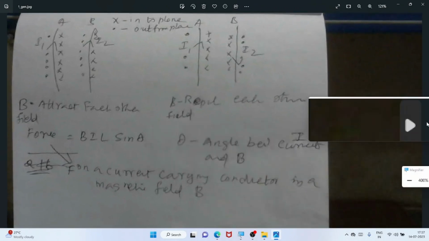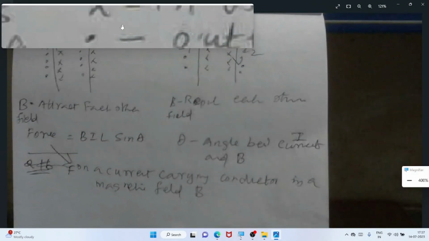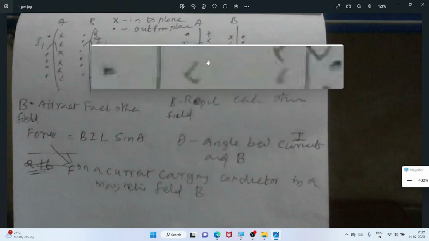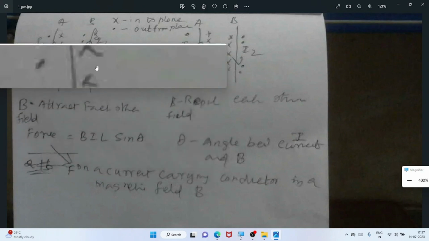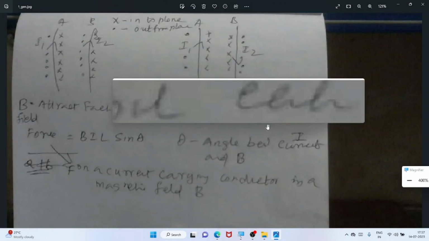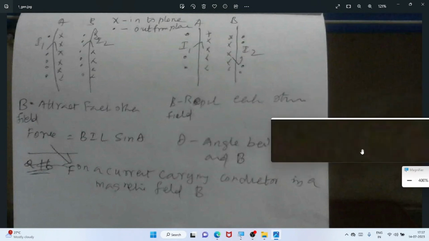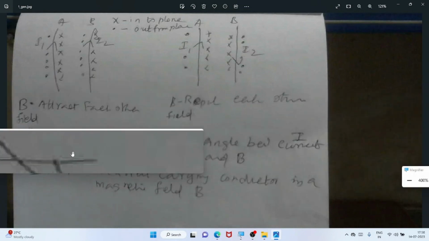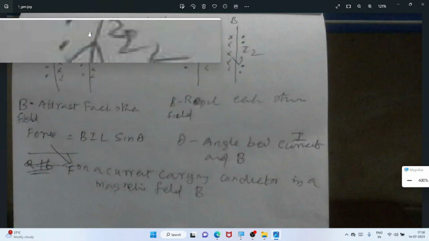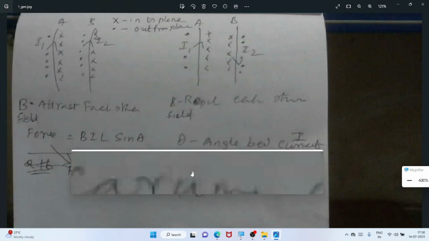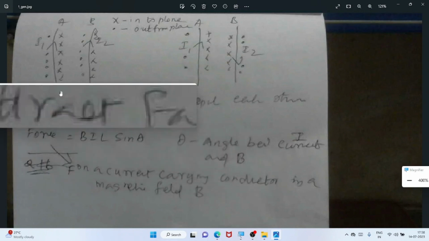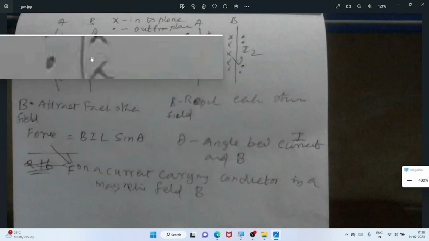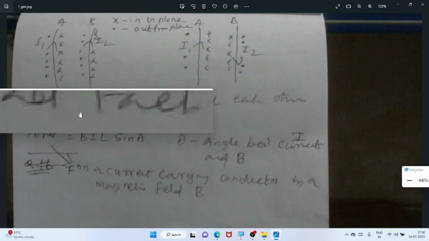Okay, and then the general one. When you put this cross here, that means the magnetic field is going into the plane. Dot means it is coming out of the plane. So if we have two conductors, conductor 1 and conductor 2, carrying current in the same direction, then using the thumb rule, the field is going inside here and coming out on this side.